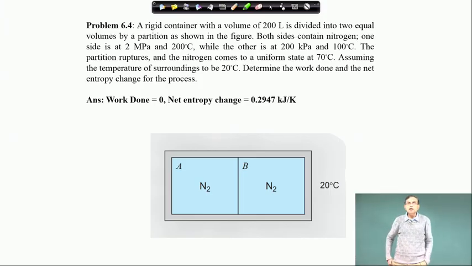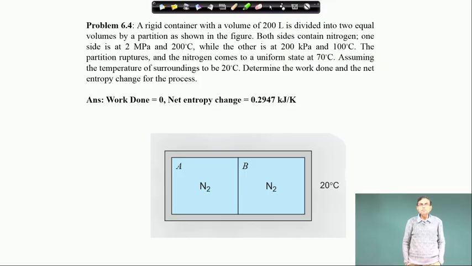A rigid container with a volume of 200 liter is divided into two equal volumes by a partition. A and B both have nitrogen, one side, let us say side A, at 2 MPa and 200 degree centigrade, and the other side at 200 kPa and 100 degree centigrade.